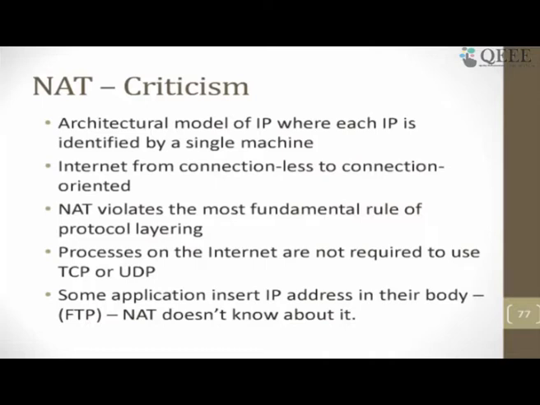Surely it is affecting the IP, but it is using TCP's information. So this is a cross-layer protocol. But one important premise on which it is working is that the upper layer will have a port number. What happens if the upper layer doesn't have a port number? Then this will not work.